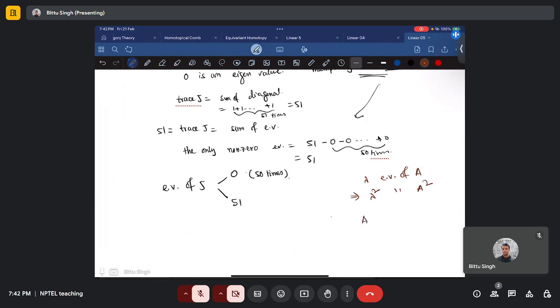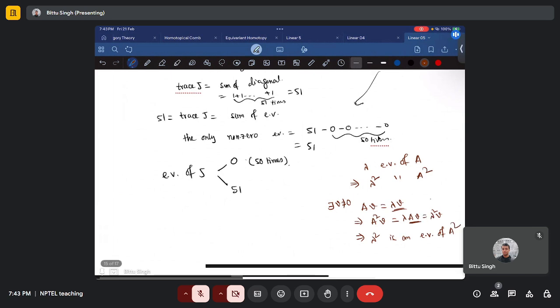Because there exists some non-zero V such that AV equals lambda V. If you again apply A, then we have A square V on the left, which is the same as A times lambda V. That is lambda times AV, but AV is the same as lambda V, right? So this is lambda square V. So it is clear lambda square is an eigenvalue of A square.